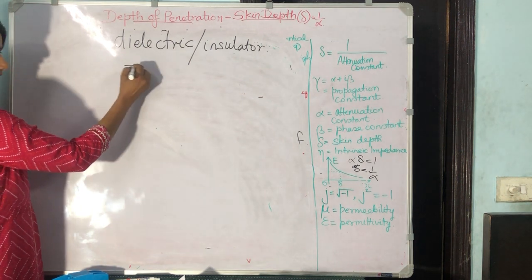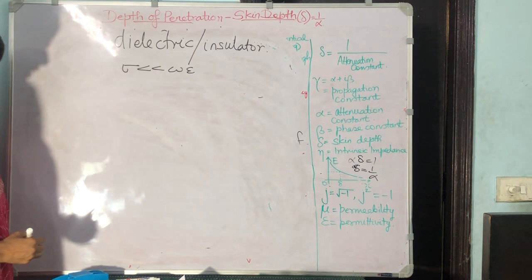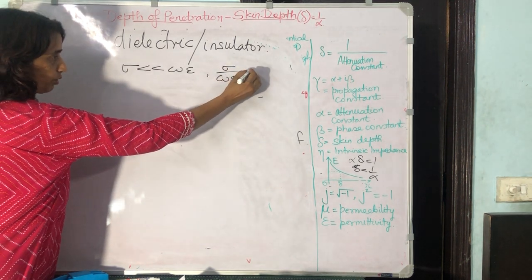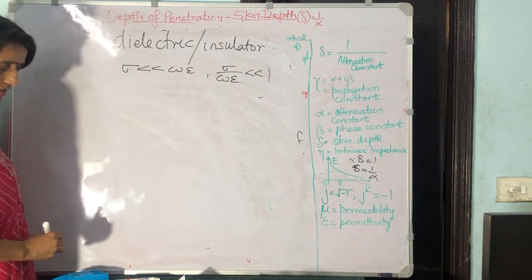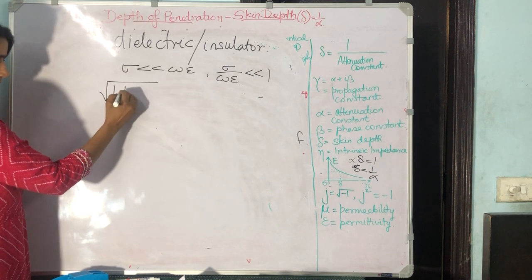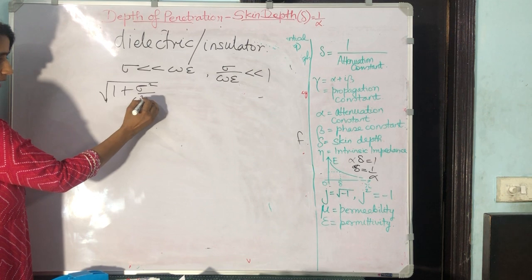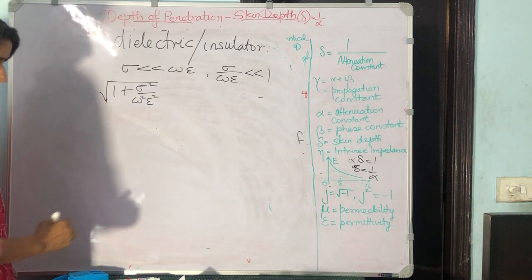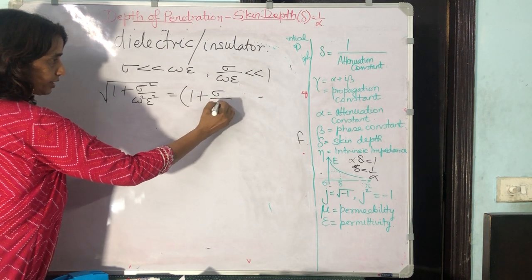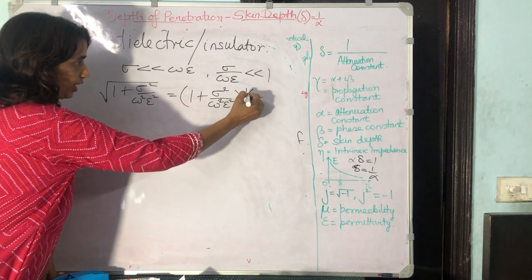Now in this case, sigma is very much less than omega epsilon, or you can say sigma, conductivity, upon omega epsilon is very much less than 1. So this term, 1 plus sigma square upon omega square epsilon square to the power of half, we can approximate with the binomial theorem.